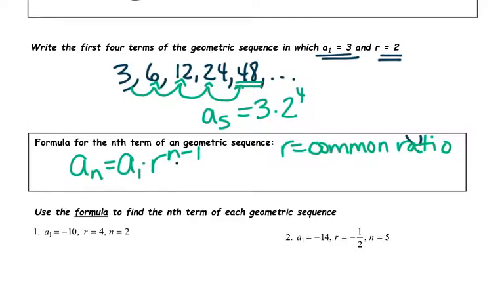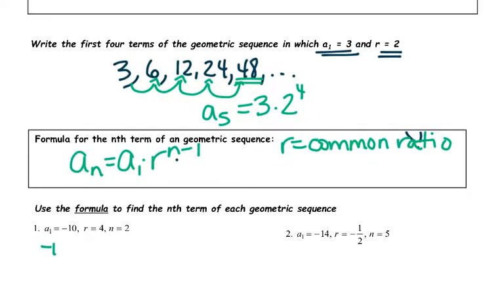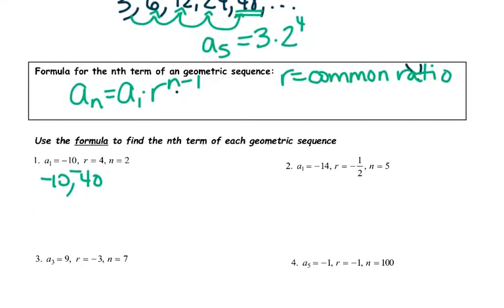So here it says if the first term is 10 and the common ratio is 4, they want you to find the second term. Well, that's pretty easy, right? It's 40, right? Sorry, actually negative 40. But let's say instead of the second term, I wanted you to find the 12th term.